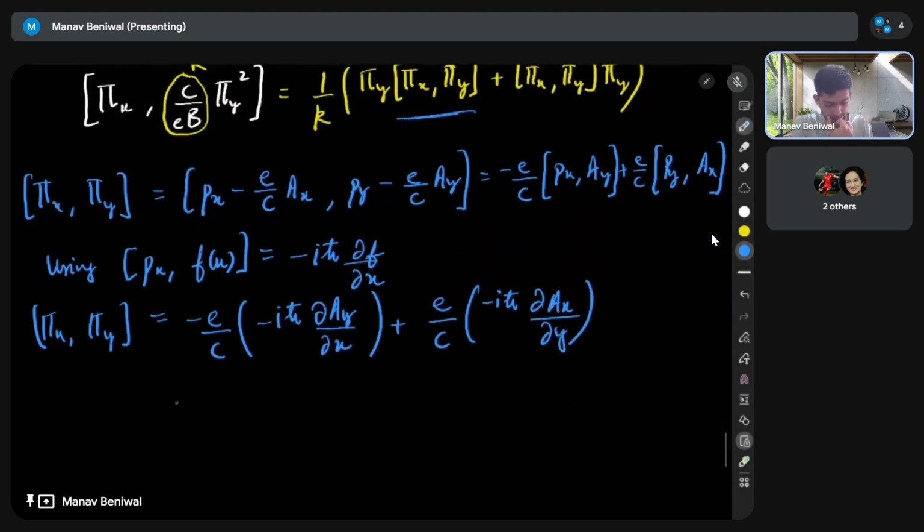So this minus minus becomes plus. So it is iota e h cut by c, del ay by del x minus del ax by del y.